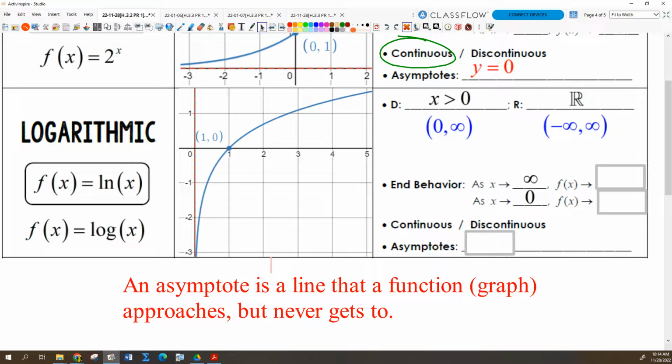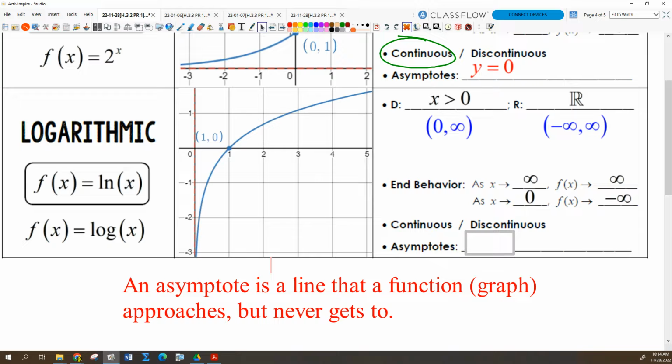As x approaches infinity, y approaches what, Abby? Infinity. Yep. Good. As x approaches 0, f of x or y approaches, close, negative infinity. There you go.